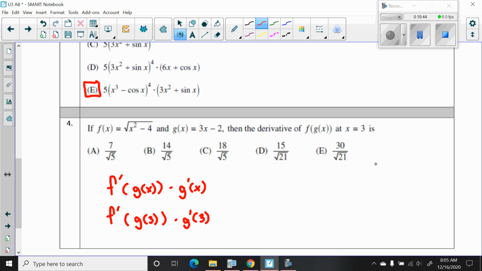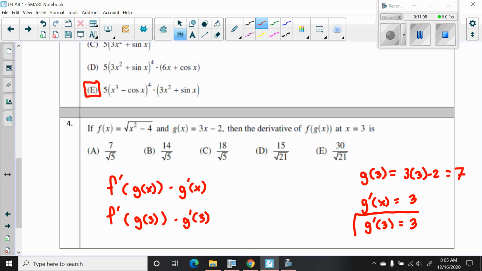All right, well, let's find those values. The g of 3 is equal to 3 times 3 plus 2, which is 11. And the g prime of x is 3. So the g prime of 3 is just 3.